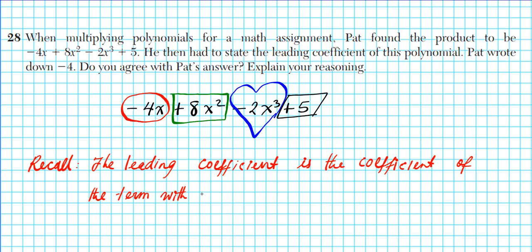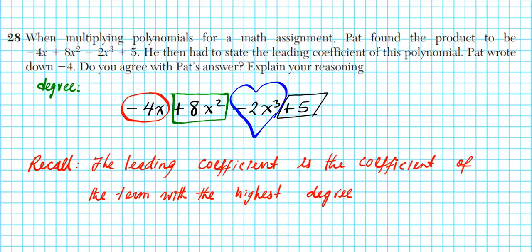Okay, that's what makes it the leader, because it has the highest degree. So what we're going to do here is write down the degree of each term in our polynomial, and then we'll use that to identify what the leading term is. Alright, so the coefficient of the variable of the leading term is our leading coefficient.